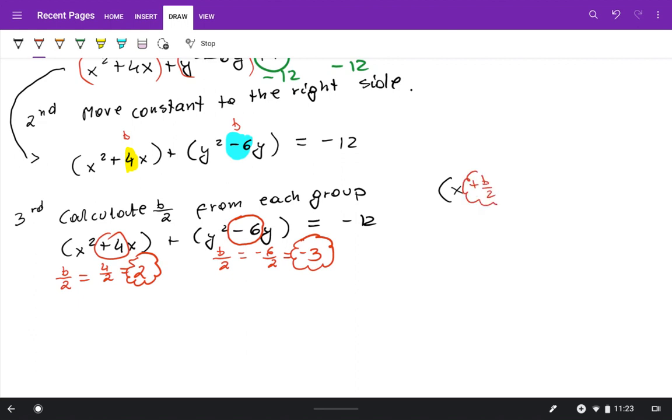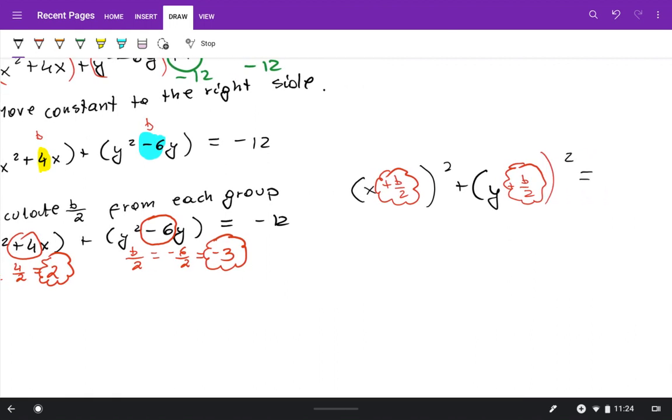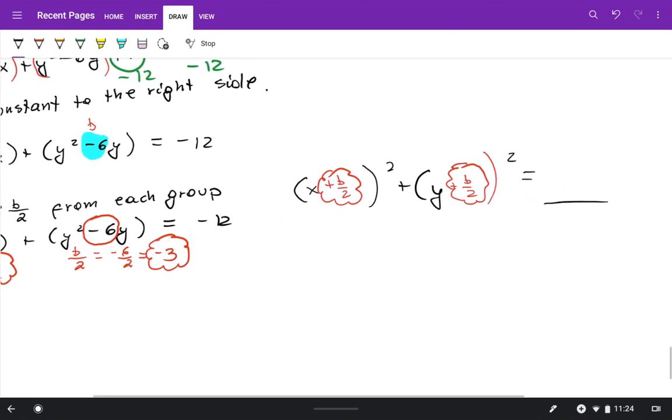So that's the number which I will be putting in a cloud. Square plus y plus b over 2. That's the second b over 2, square equals something. Again, we're going to keep building that.